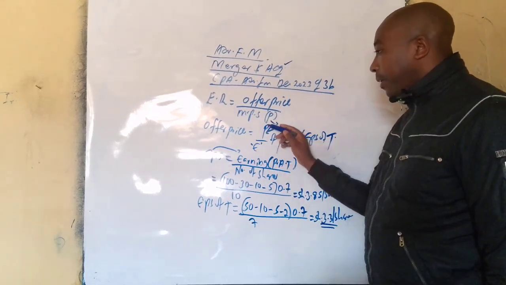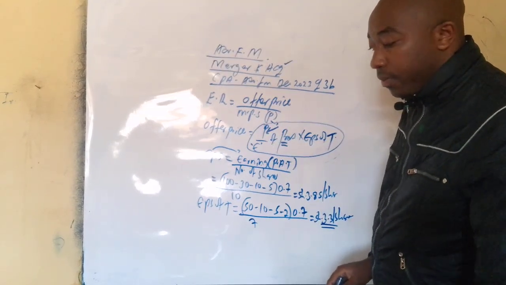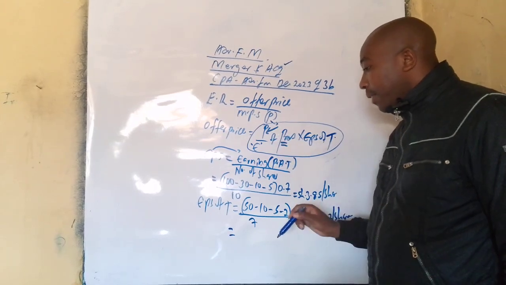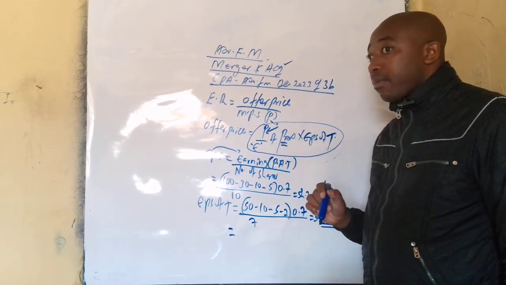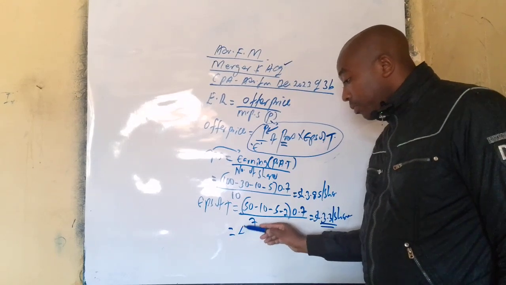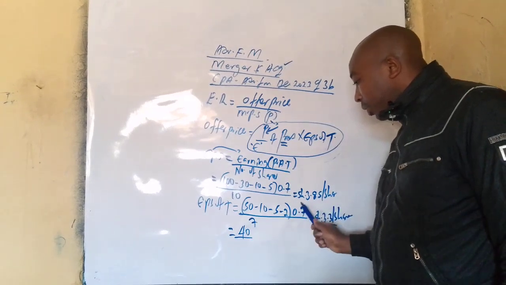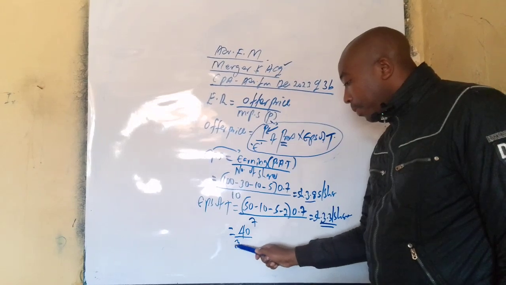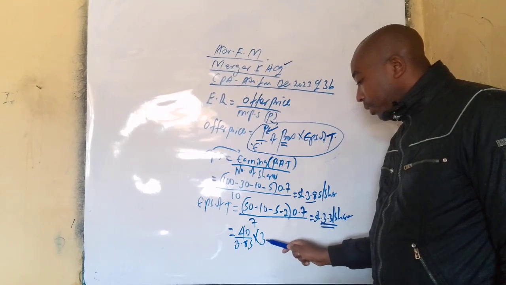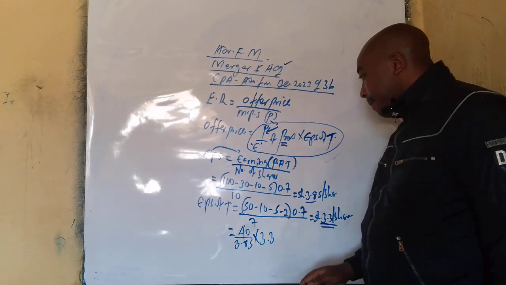Having done that, I can now come back to my formula, the offer price. And this offer price, we are saying it is the market price of the predator, which is equal to 40. According to this question, market price is 40. We divide by EPS. We have just computed it here, 3.85. Then I multiply by EPS of target.